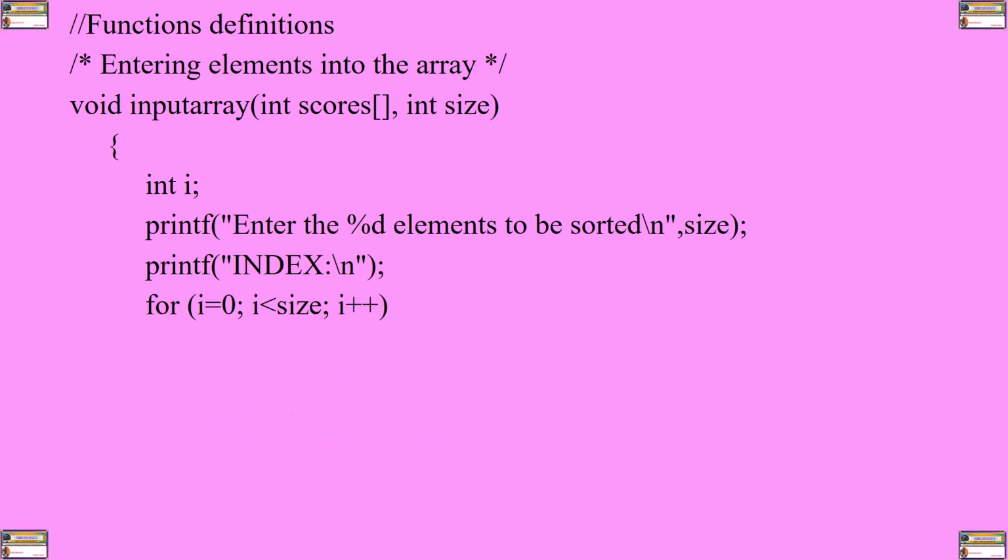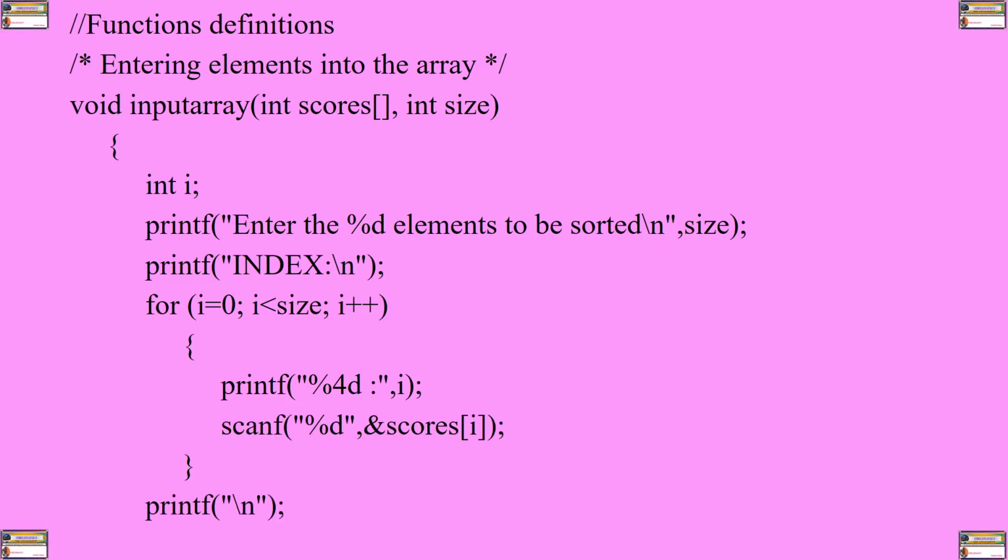That means all the elements have been entered, and therefore the processor will exit the loop and print out a blank line on the screen. So that's how that function for inputting the array will work.